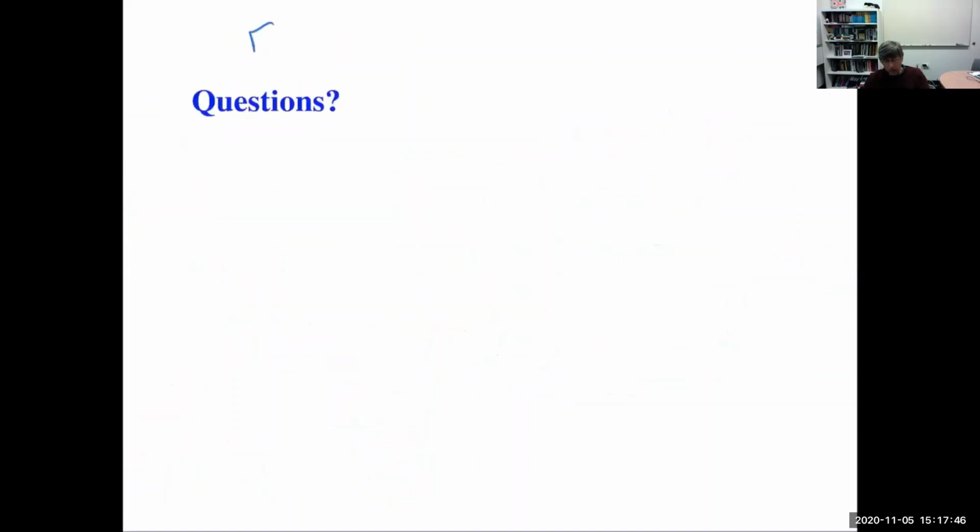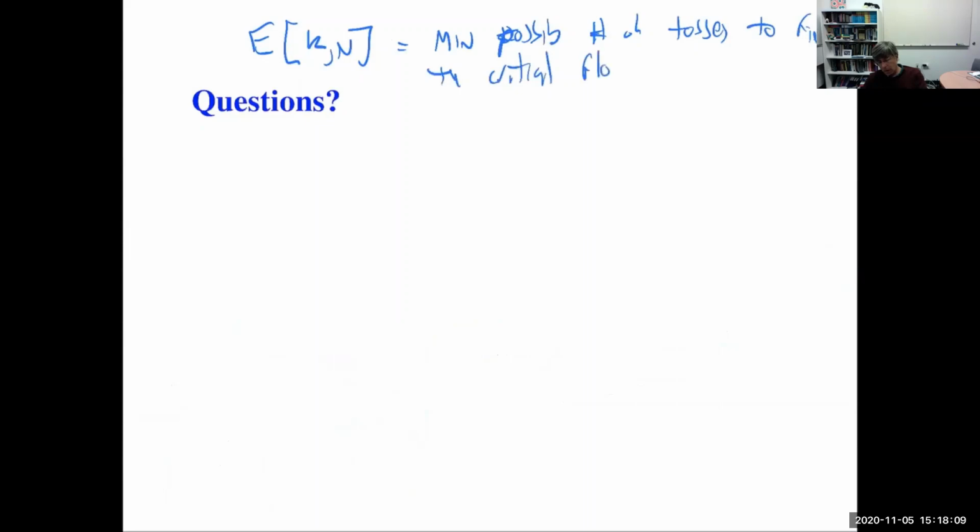So E of k n equals the minimum possible number of tosses to find the critical floor in an n-story building with k eggs. I always start by writing out my function to know that this is what I want to compute.